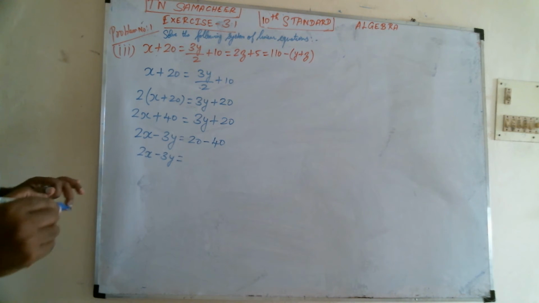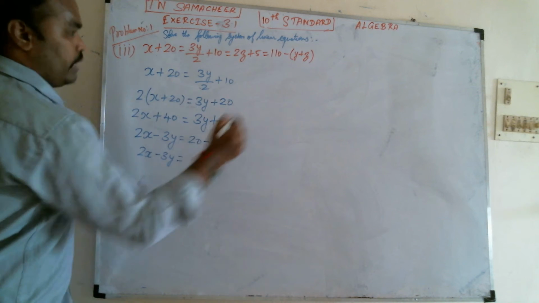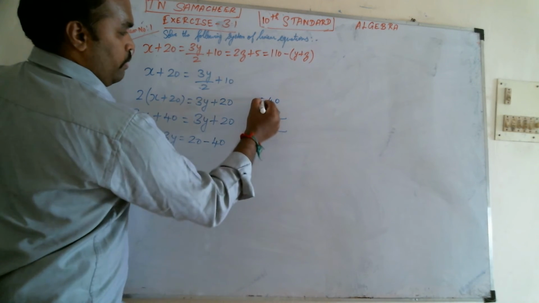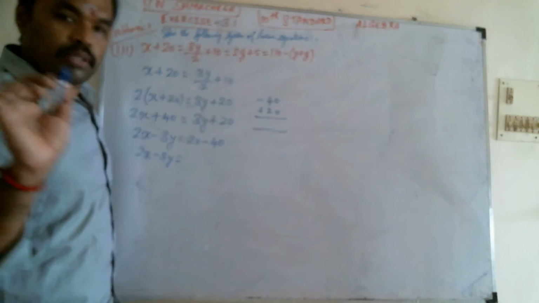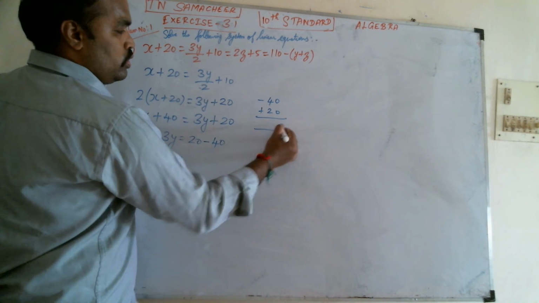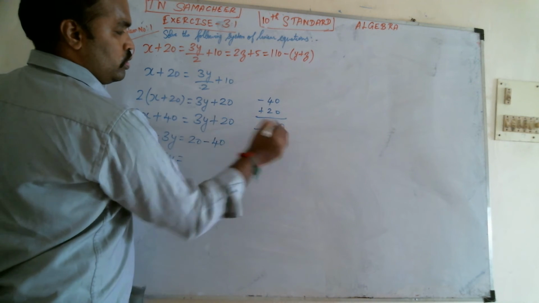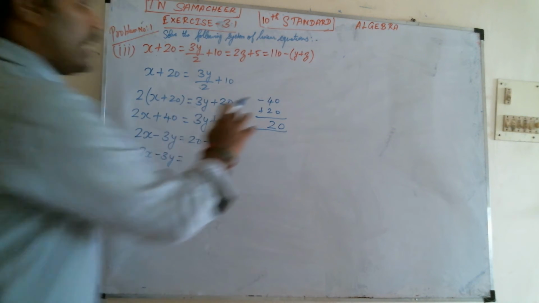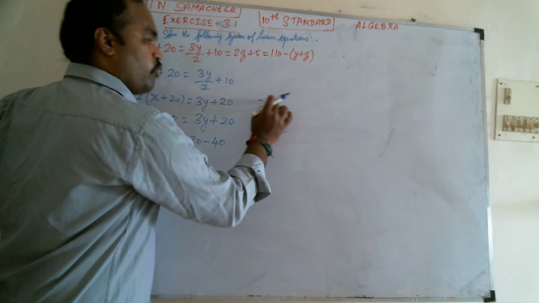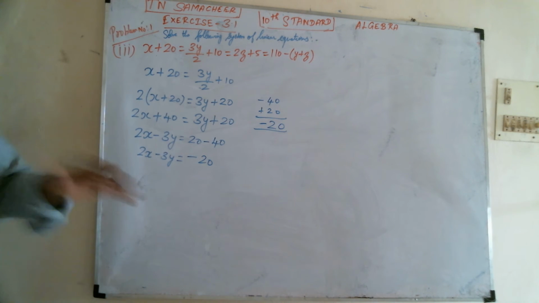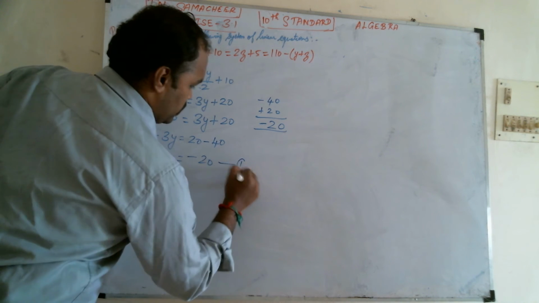How much is that? 20 minus 40 is minus 40 plus 20. Plus into minus is minus, so we need to subtract the values. 0 minus 0, 0. 4 minus 2, 2. So which sign does the highest digit have? The highest digit sign is minus, because 40 is the highest value. So minus 20. This is the first equation.